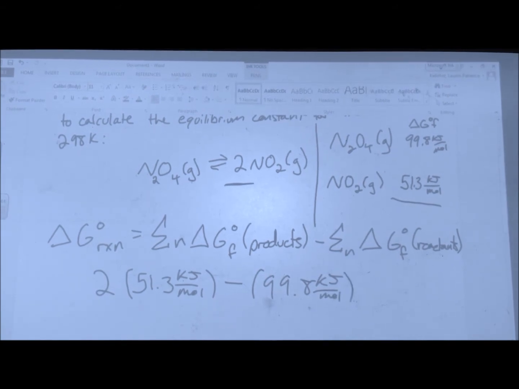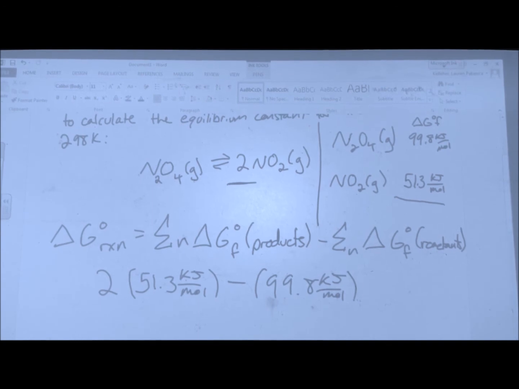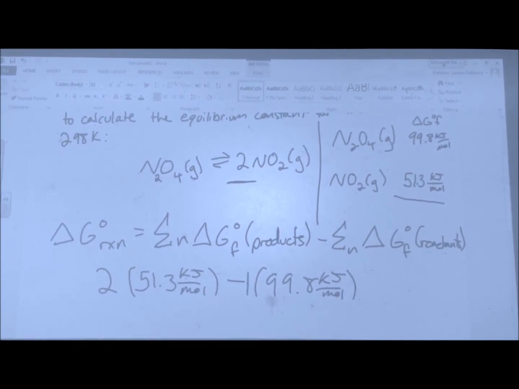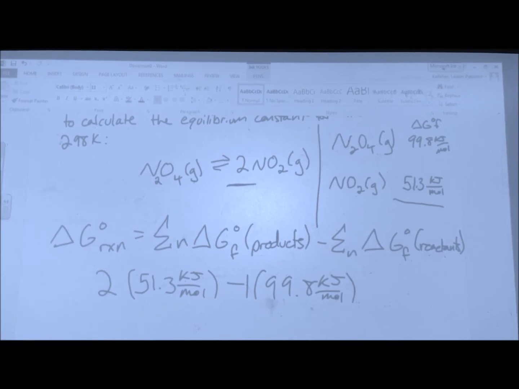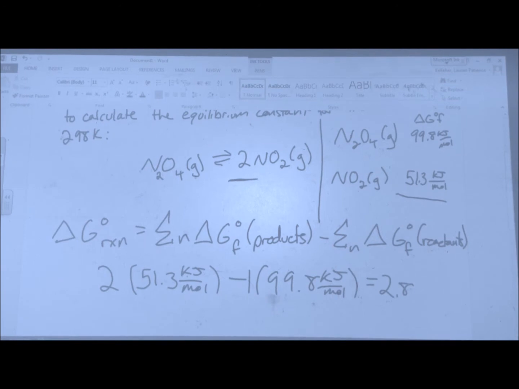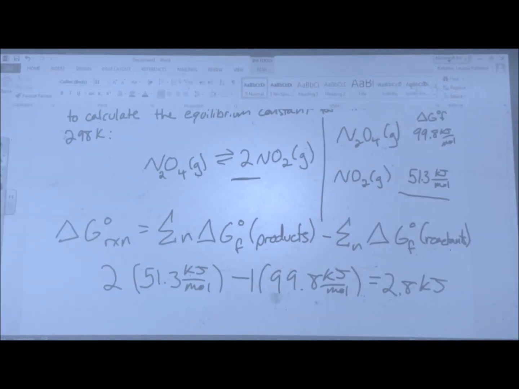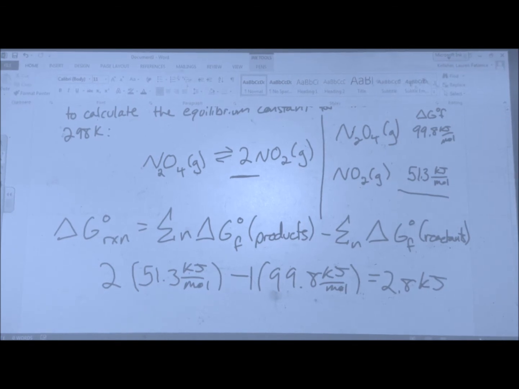And just so you understand that we still have to apply the moles to this, we're just going to put a 1 in front of this, even though it's going to be the same number. So once you calculate that, the answer is 2.8 kilojoules for your delta G at standard conditions.